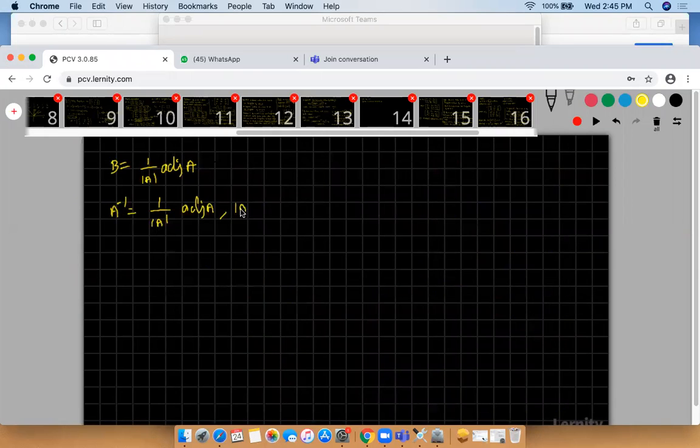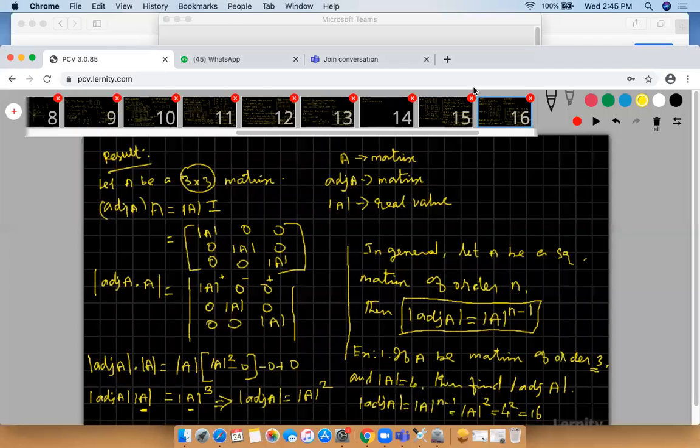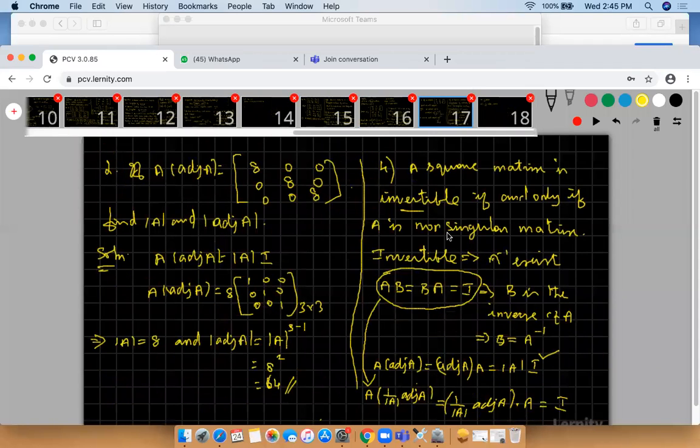Your determinant is not equal to 0, that means non-singular matrix. If it is singular, what happens? When you divide by the determinant of A and it is singular, it is undefined.